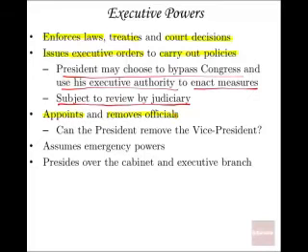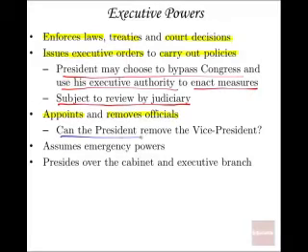Whereas if you have a Republican president, then you're going to see Supreme Court justices strategically deciding to retire. So a president's ability to appoint Supreme Court justices and other offices plays a huge role in his executive power role.